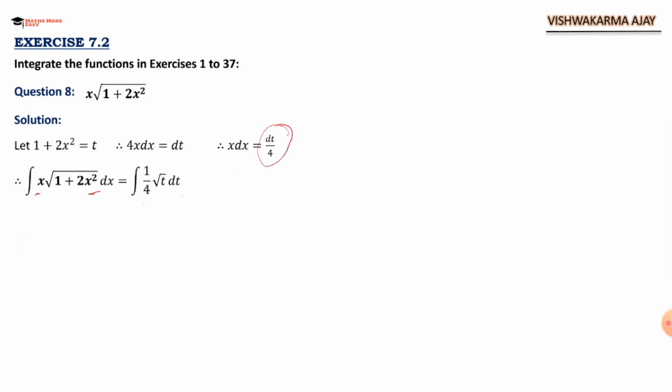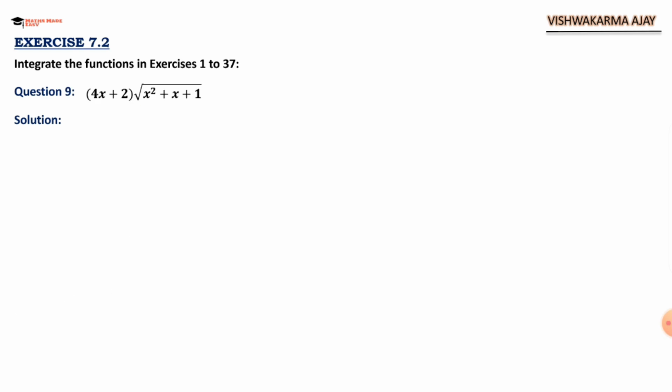And in these 2 cases, the power of x was different. So here also, if the power of x is 2 inside and outside is 1, we go for the derivative, because when we go for the derivative, the power is already reduced by 1, and then it is very easy to substitute.